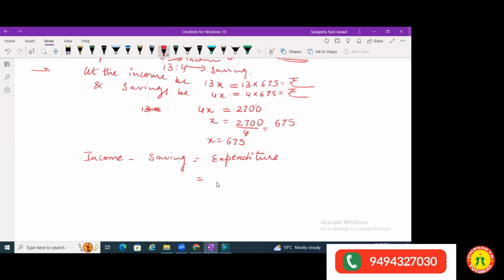Just multiply and check what do you get here. The savings we are already given only.